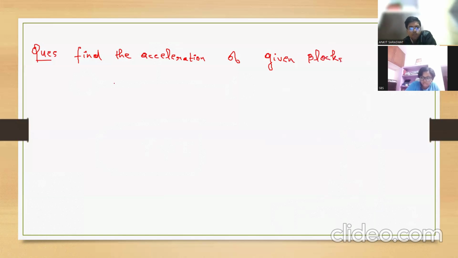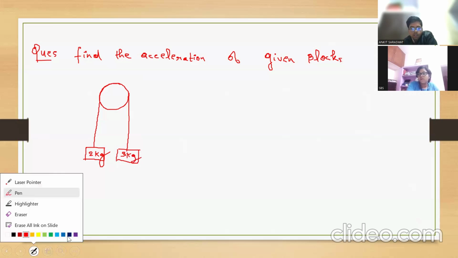So you are having a pulley. This pulley is attached to two blocks like this. This is 2 kg and one is 3 kg. Both are like this, and they are resting on the ground initially.